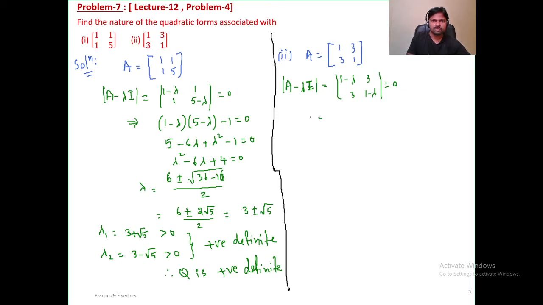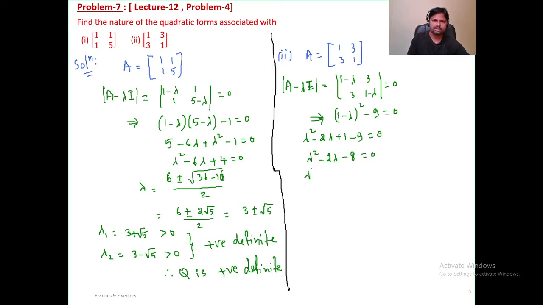Now this is (1 minus lambda) whole squared minus 9 equal to 0. Simplify this: lambda squared minus 2 lambda plus 1 minus 9 equal to 0. Now lambda squared minus 2 lambda minus 8 equal to 0. Now factorize it.